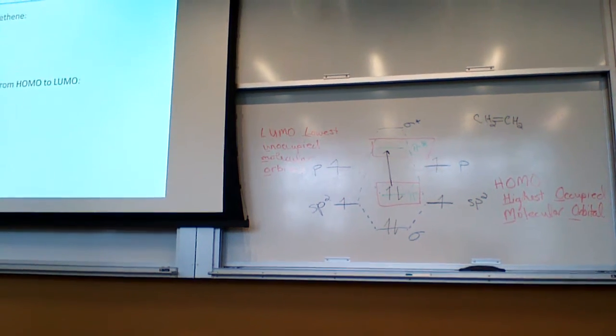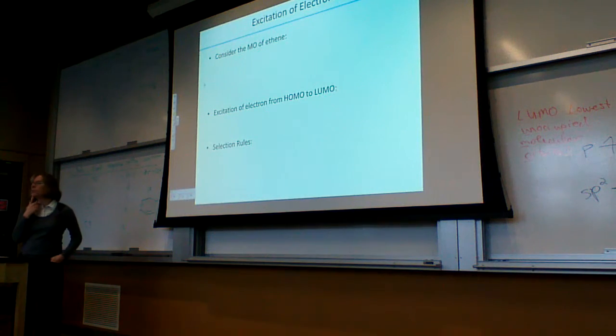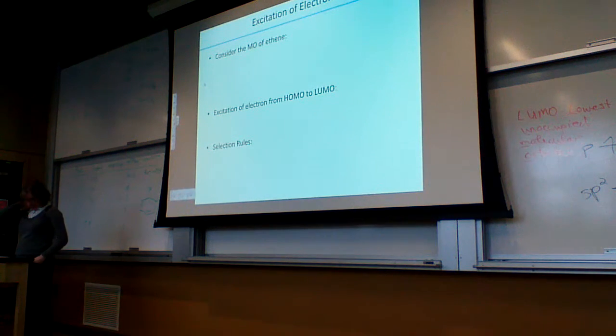But in general, your forbidden ones are going to have lower intensity of absorption. So your overall absorption peak is going to be smaller if it's a forbidden one. I was going to go into some of the selection rules. I'm just going to give you one.